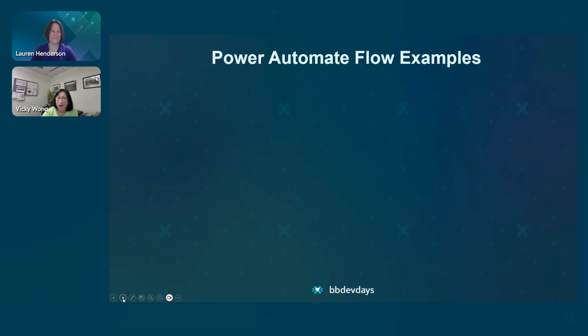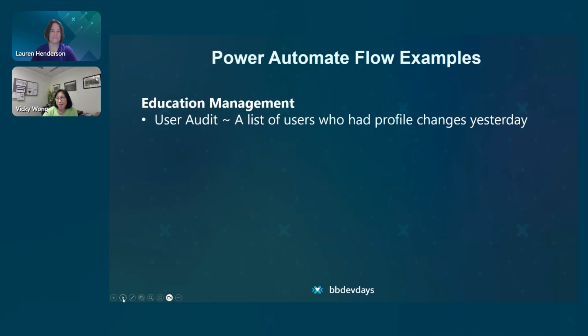So here are some of the Power Automate Flow examples that I like to talk about. The first one is actually the one that I asked Ashley to do. It's a user audit flow. If you ever have people outside of the technology department that update user profiles, this is a very good flow that I scheduled to send me an audit, a list of profile changes that happened the night before.